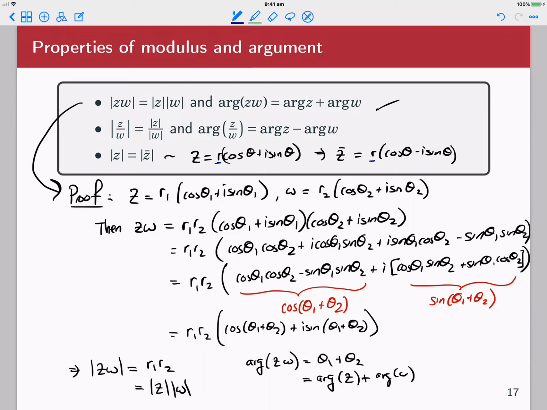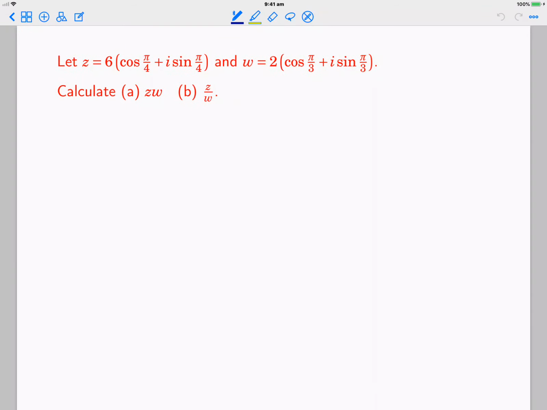Okay, let's do an example just to get used to these properties. I've got a complex number Z and a complex number W, and I want to calculate their product and their quotient using those properties. For part A, remember that when we multiply two complex numbers, we multiply their modulus.